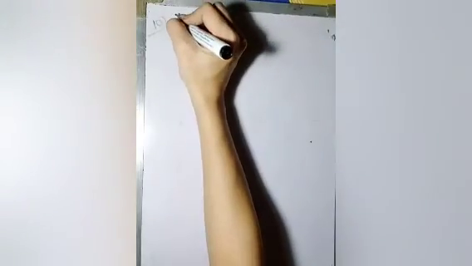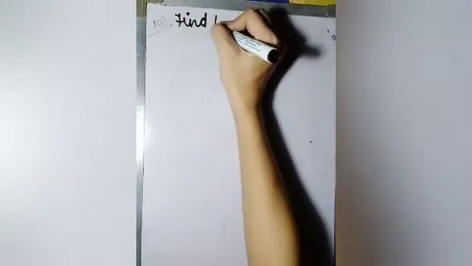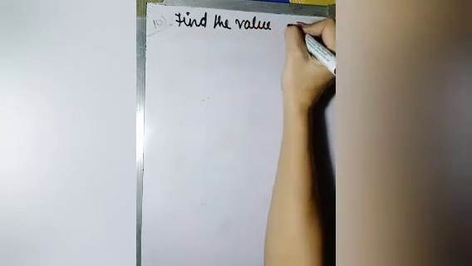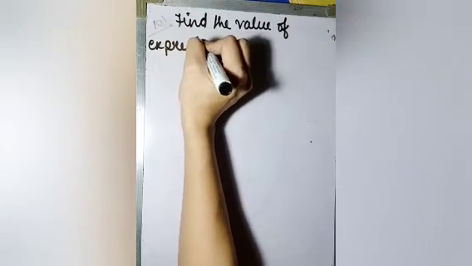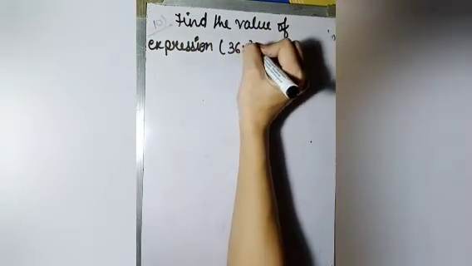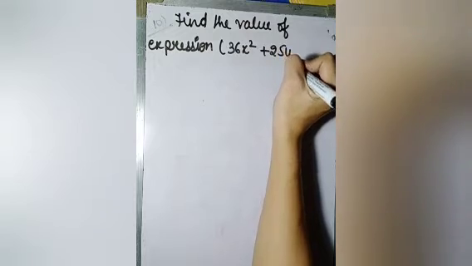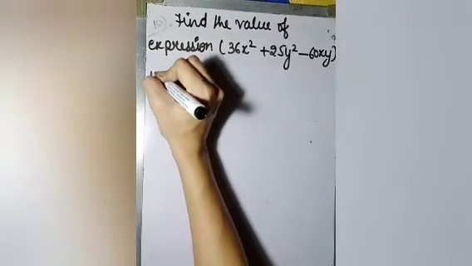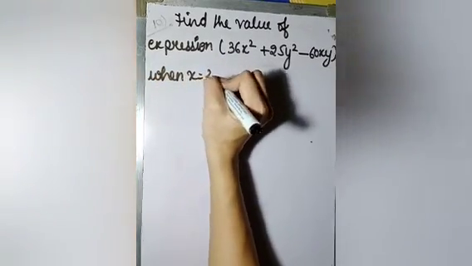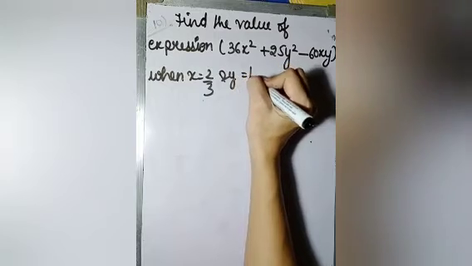Similar question it is. We have to find the value of the expression. The question is: find the value of this expression, given that x equals 2 upon 3 and y equals 1 upon 5.